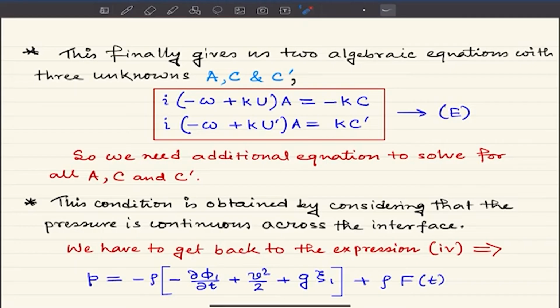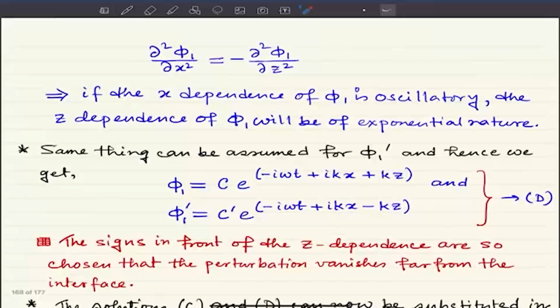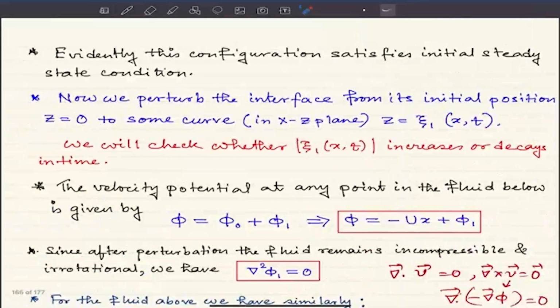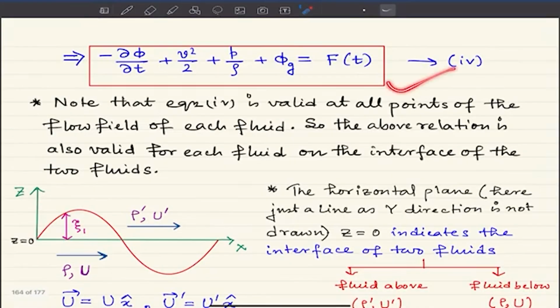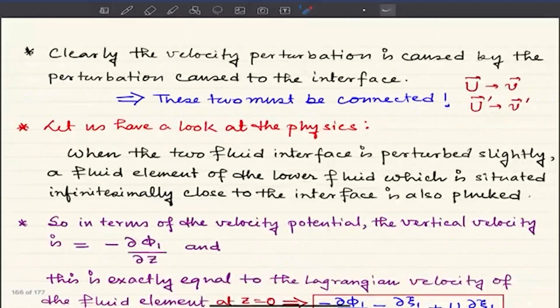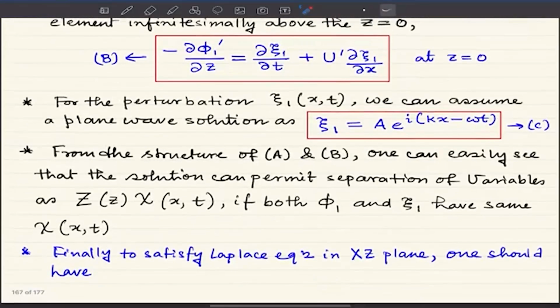So the pressure should be continuous, and for that we have to look back to when we derived a generalized type of Bernoulli theorem, equation Roman 4. This is true for any point in the flow field in our case, because the vorticity is identically 0 for this fluid.